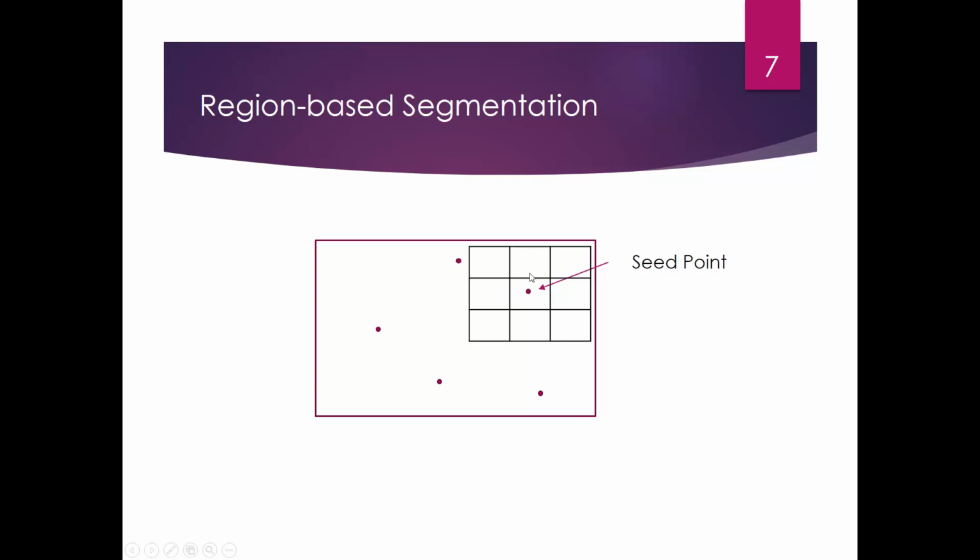It will try to expand in each direction. For example, in the case of 4 connectivity, it will check this pixel, this pixel, this pixel, and this pixel, and if these pixels satisfy the predicate, then they are going to be connected. In the same manner, if this pixel and this pixel have a similarity in some sense, for example in terms of intensity, then they are going to be grouped.